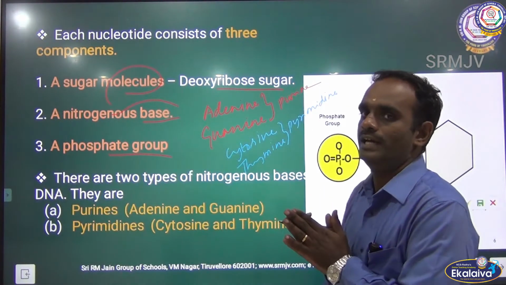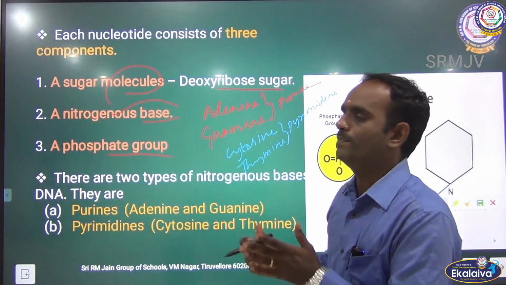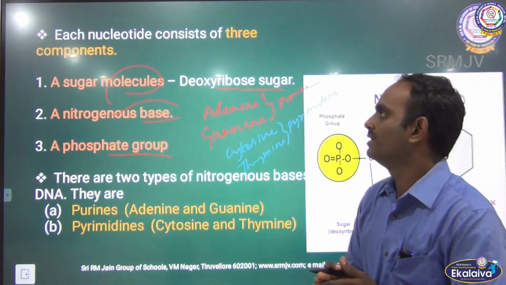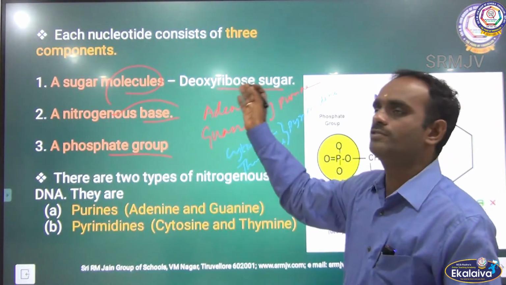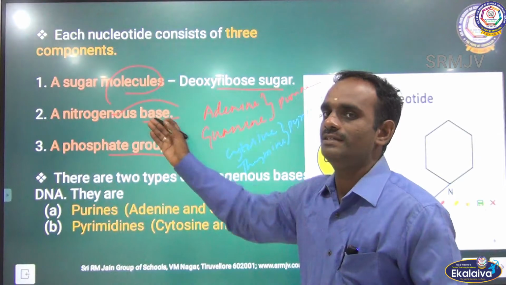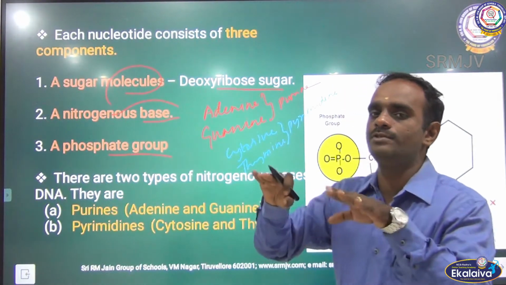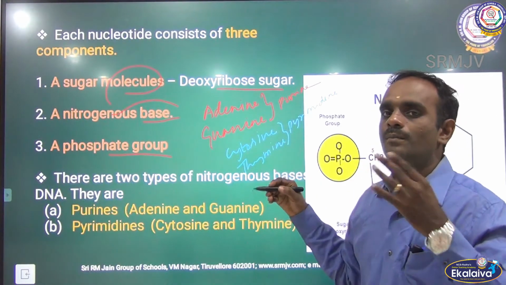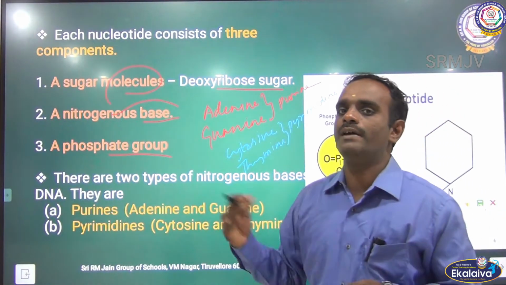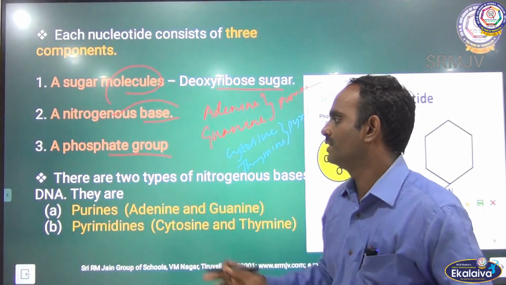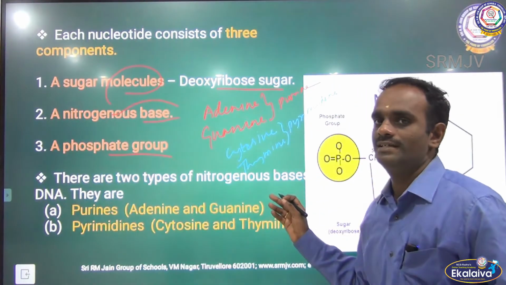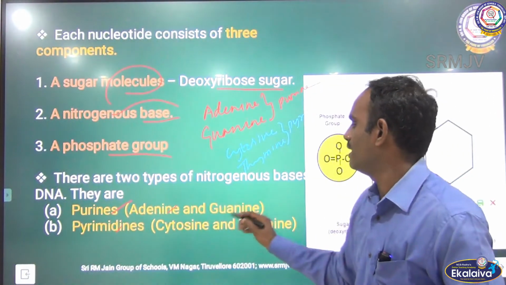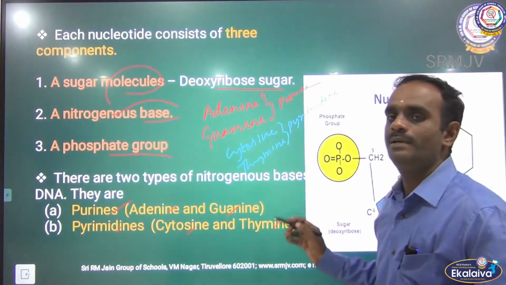So what is a nucleotide? A nucleotide is made up of a sugar molecule, a nitrogenous base and a phosphate group. The sugar in DNA is deoxyribose sugar. The nitrogenous bases are divided into two groups, purine and pyrimidine. Adenine and guanine are purines, and cytosine and thymine are pyrimidines.